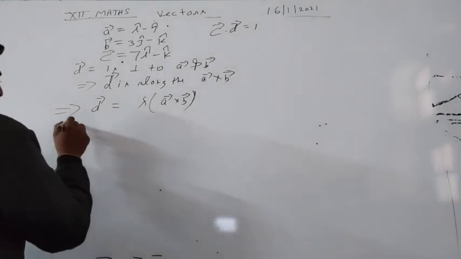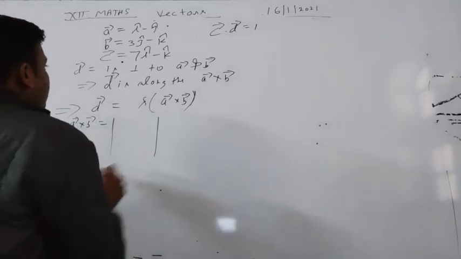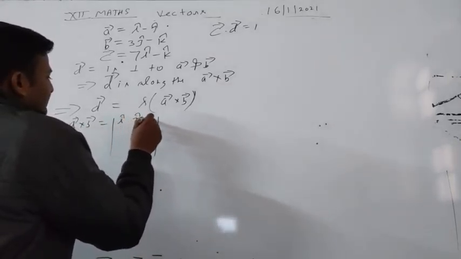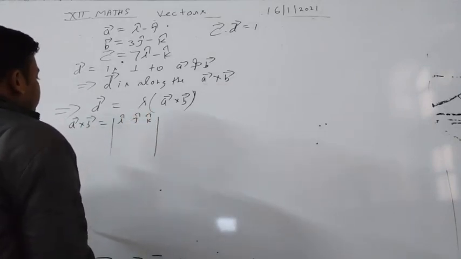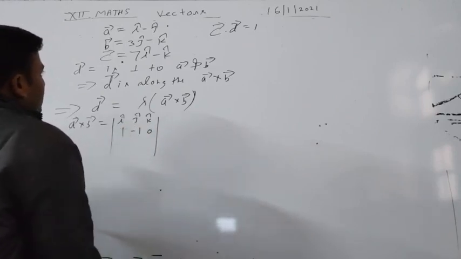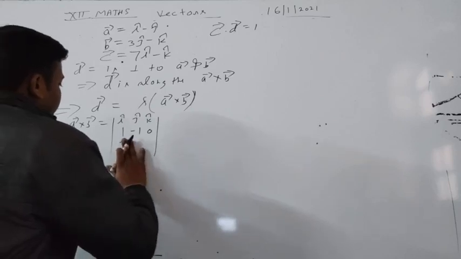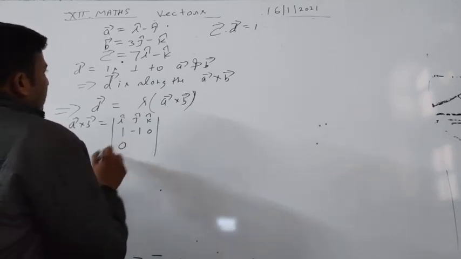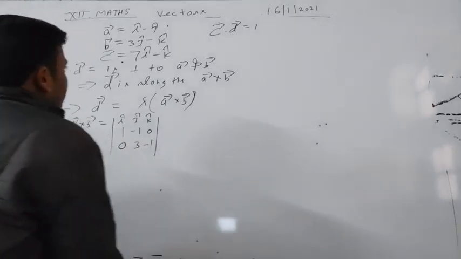Okay, so we will now find A cross B, which is the determinant with i, j, k; A is 1, minus 1, 0; and B is 0, 3, and minus 1.